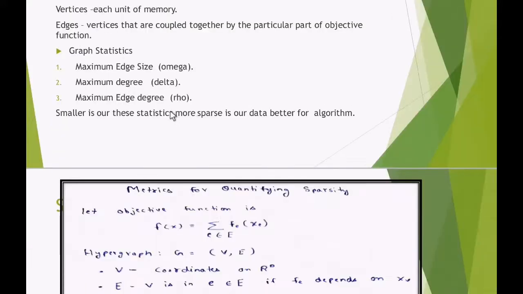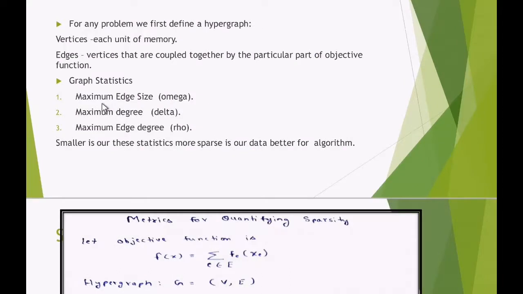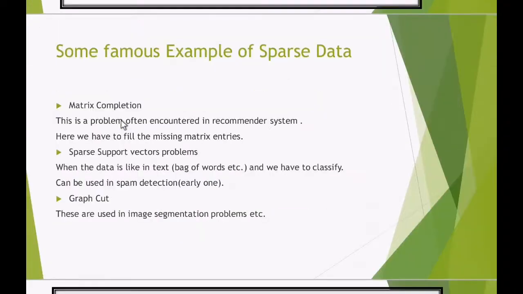And now we define our statistics. First one is the maximum edge size, that is the maximum edge size in this graph. Maximum degree is called delta, and maximum edge degree is called rho. Mathematically these are the equations, but geometrically these are the maximum edge size, maximum degree, and maximum edge degree.